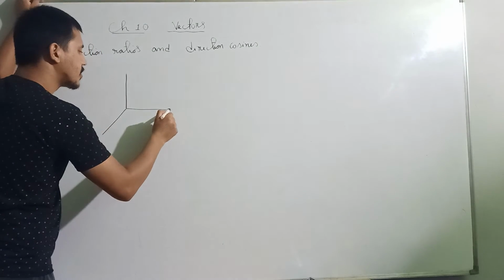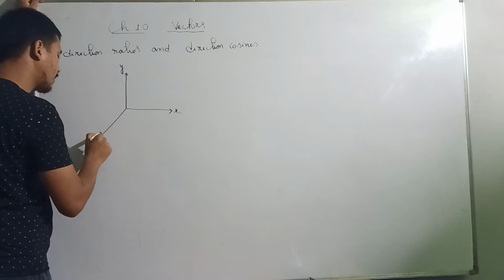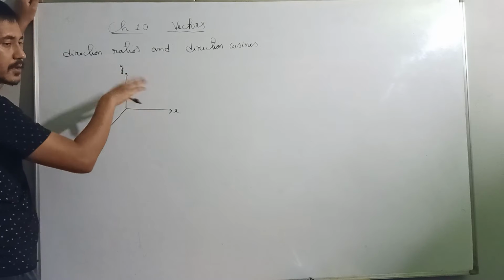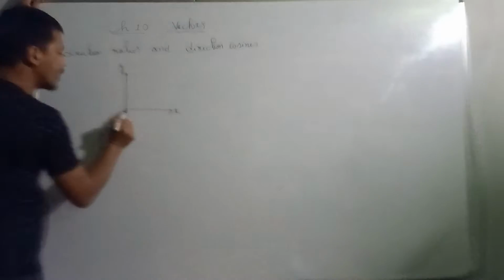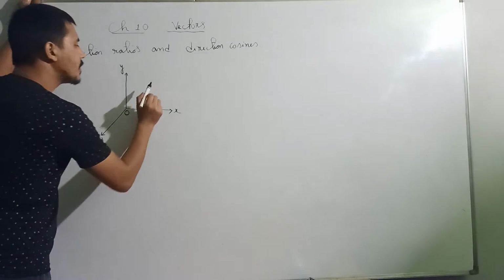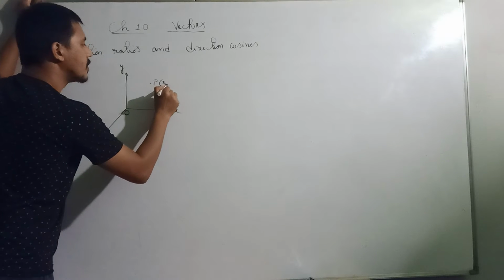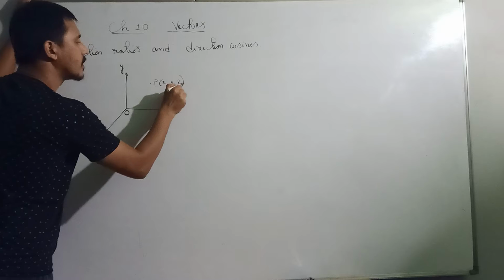Suppose this is your three-dimensional coordinate system, x-axis, y-axis. The whole chapter we are going to only draw this one, okay? This is your origin. Let me consider any point P in space whose coordinates are x, y, z.